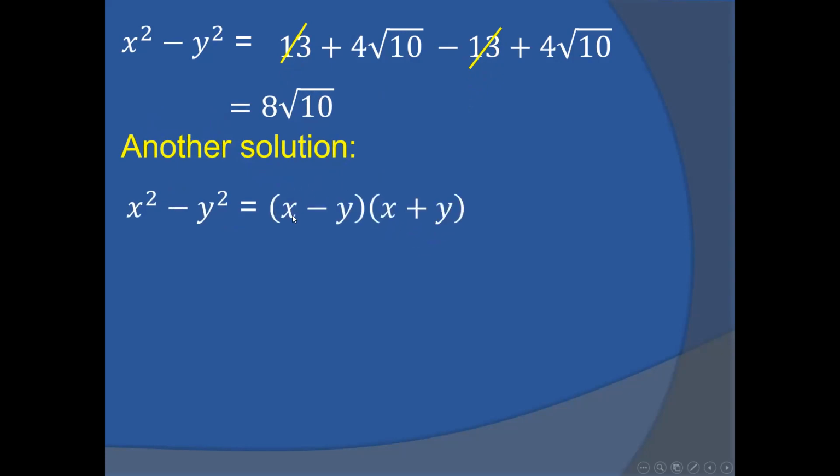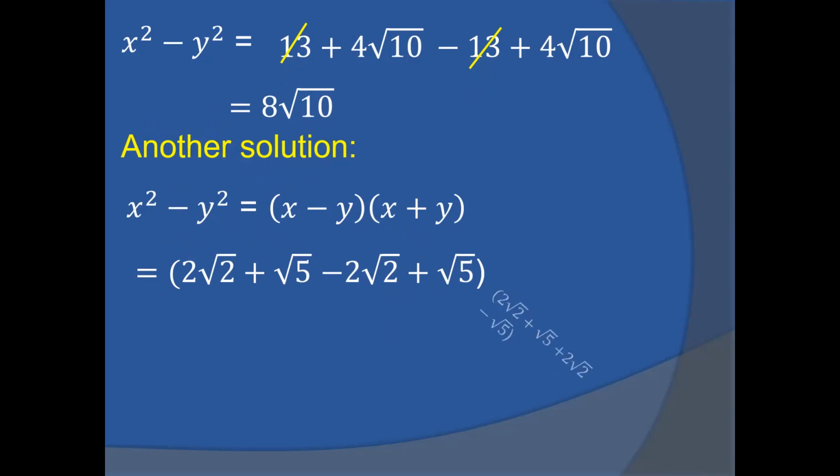x squared minus y squared can be factorized as x minus y multiplied by x plus y. If I have 2 root 2 plus root 5 minus 2 root 2 minus root 5, this means x minus y in brackets, multiplied by x plus y, which is 2 root 2 plus root 5 plus 2 root 2 minus root 5.